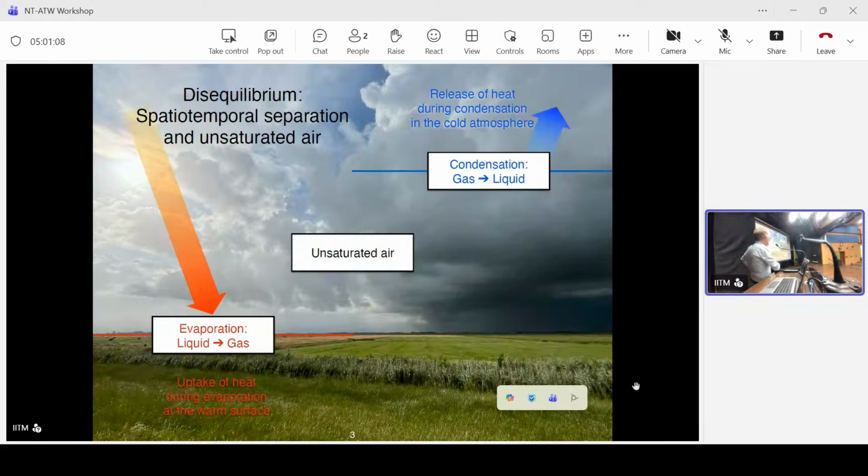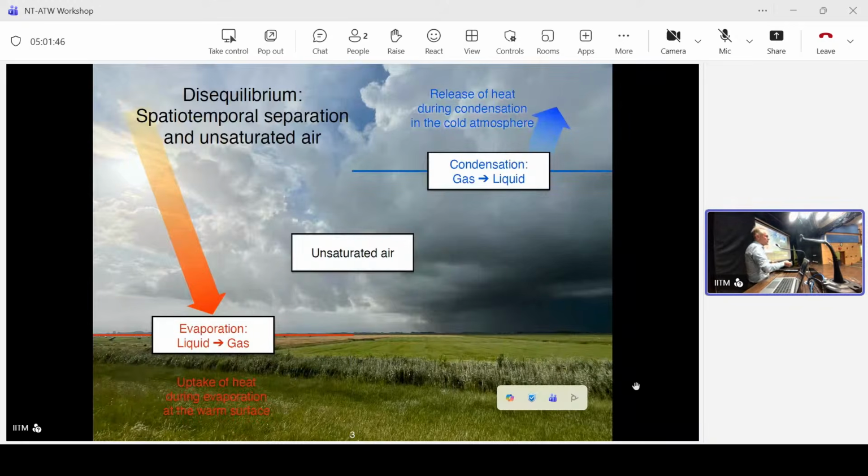energy input by the sun, heats the surface, and because it heats the surface, there comes Le Chatelier, right? So the phase transition of liquid water to vapor wants to counteract the heating. So it evaporates and takes up latent heat, right? It takes some of the heat and puts it into breaking up hydrogen bonds. So the heating occurs at the warm place, where the evaporation takes place at the warm temperature.